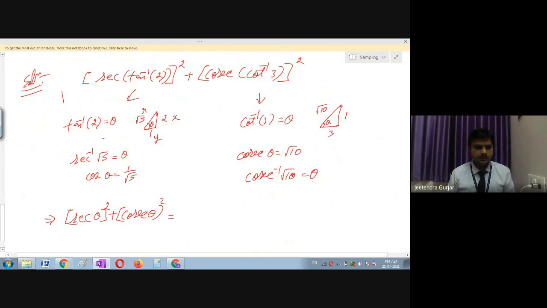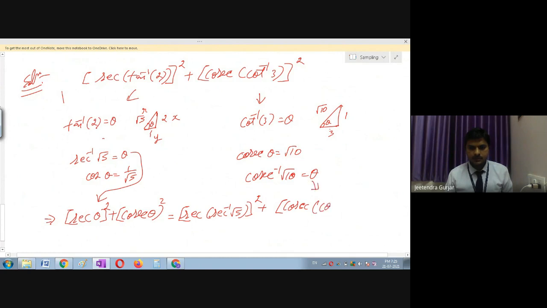Now you can see here, students, this is sec of sec inverse root 5 the whole square I will get here, plus here you can see just substituting the values. Theta values are substituted here. So this is cosec of cosec inverse root 10.